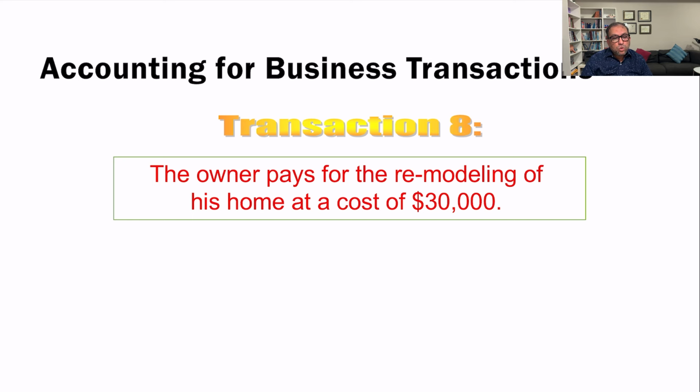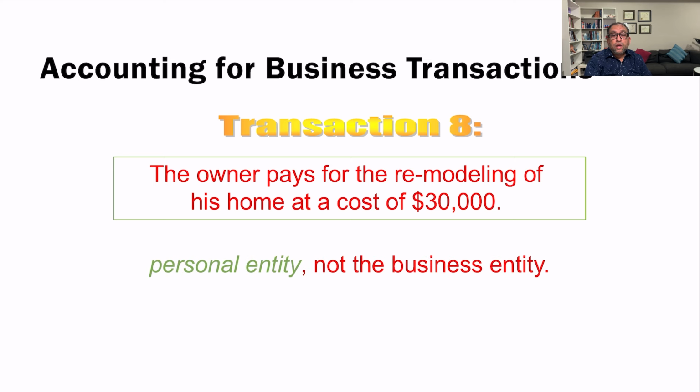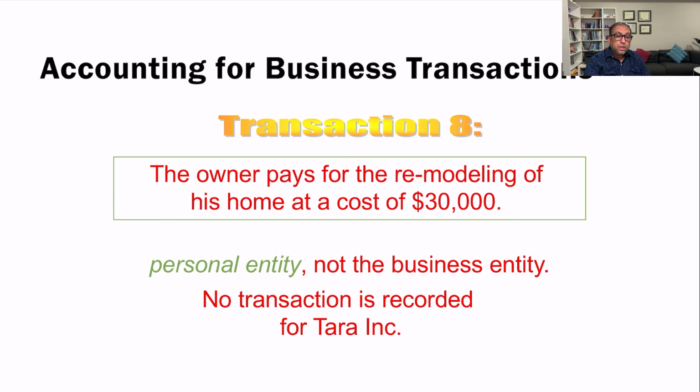Now we summarize this whole scenario. So we have an asset left as supplies. The accounts payable is still 3,700. On the other hand, we have land, and land is reduced by 22,000.